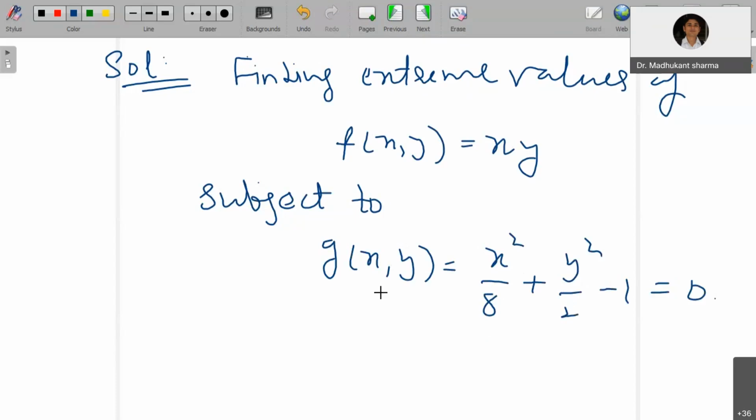So we are interested in this, and we can apply the method of Lagrange multiplier.